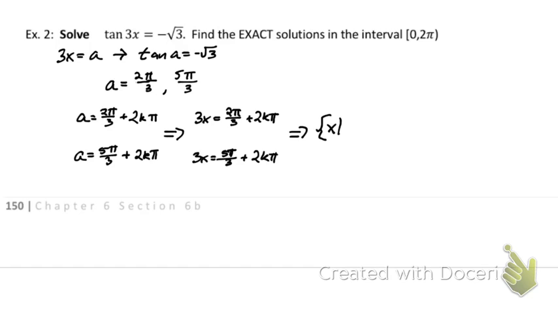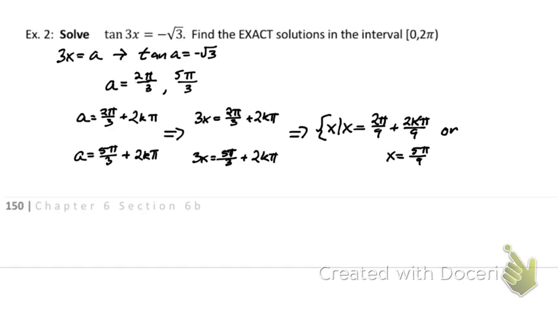our x such that x equals, dividing everything by 3, 2 pi over 9 plus 2k pi over 9. Or we'd have x equals 5 pi over 9.